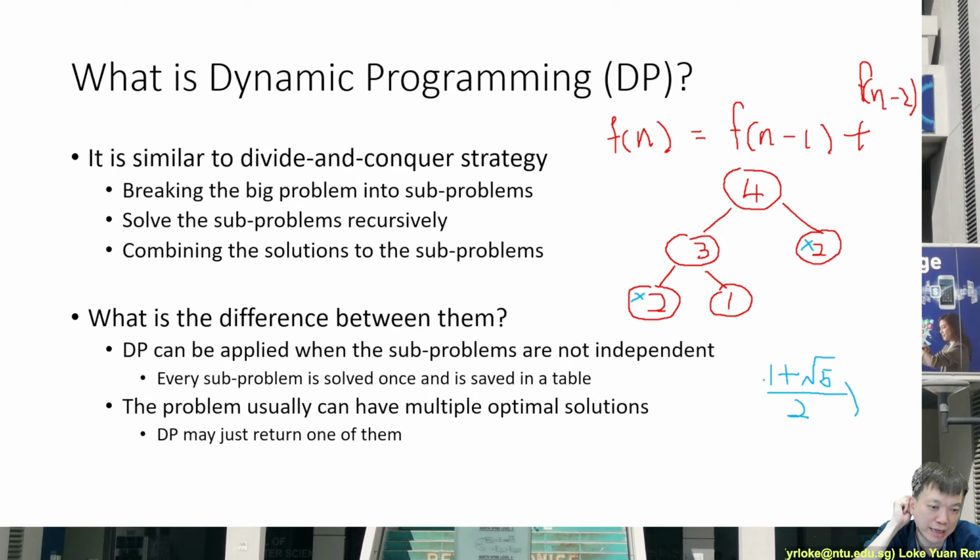The proof, I think in discrete mathematics they will cover it, but I just let you know that the complexity is at this level. It's 1.6 something, (1 plus square root 5 over 2) to the power n. That is the time complexity to compute if you use the conventional recursive function.